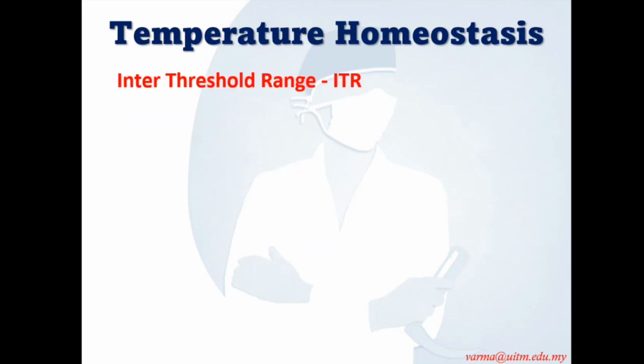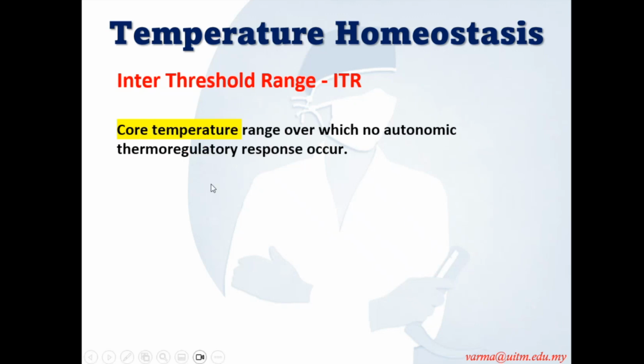Next, another important concept is the interthreshold range, which is totally different from the thermoneutral zone, because this talks about core temperature. The thermoneutral zone talks about the ambient temperature range. This is the core temperature range over which no autonomic thermoregulatory response occurs.